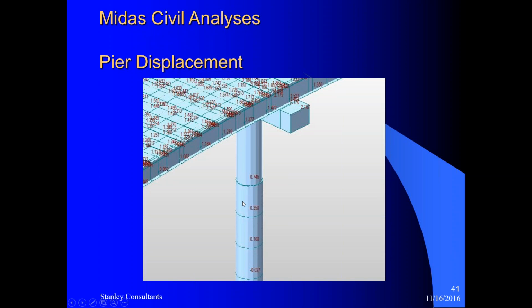And here we observed that due to the relatively low stiffness of the piers, the deck is very rigid, so a lot of the lateral movements are resisted by the abutments, thus reducing the lateral movements at the piers.